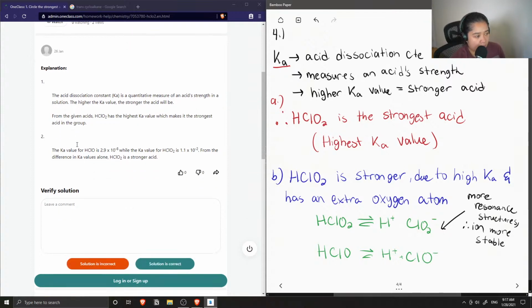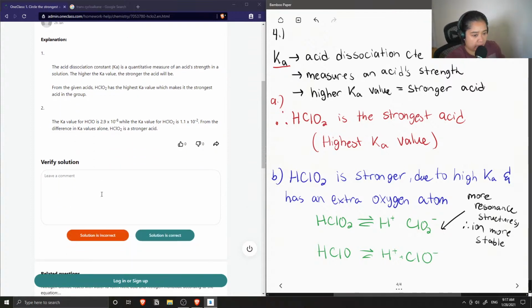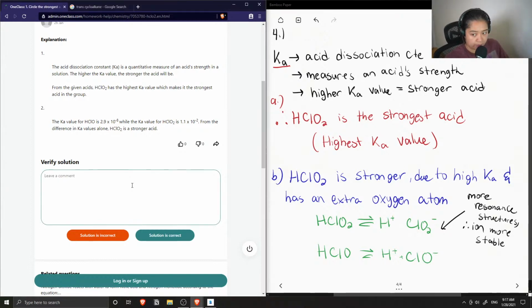Okay, so they also just compared Ka values for part B, but I'm just going to add what I wrote about the extra oxygen as well. So this solution is correct.